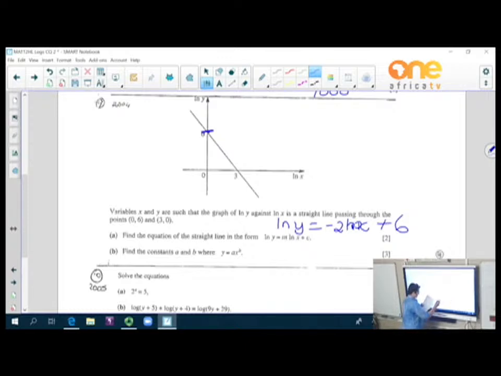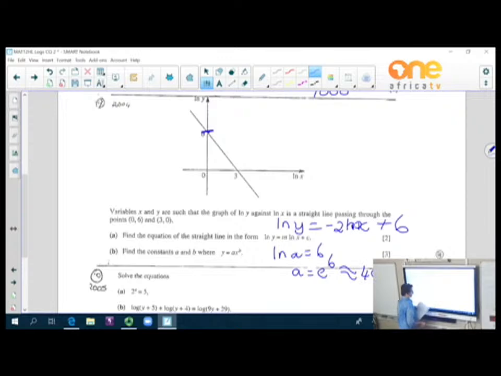So we can say that ln a is equal to 6. You have to undo the ln to find a. How do we do it? We use e to the power of 6. That's how you undo that one. And this one rounds up to 403.